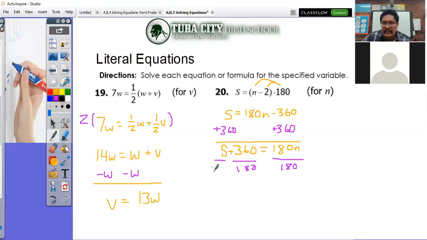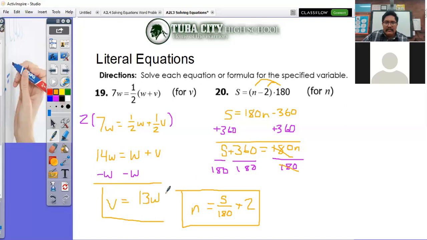But in this case, I'm going to divide everything by 180, because I can divide 360 by 180. So I get s over 180 plus, and 360 divided by 180 is going to be 2. Now 180 cancels out, and that leaves me with just the n, and I'm going to put my n variable first. So there you go.